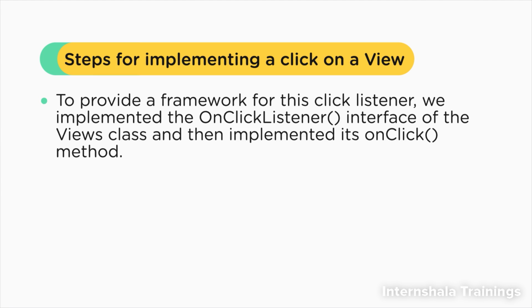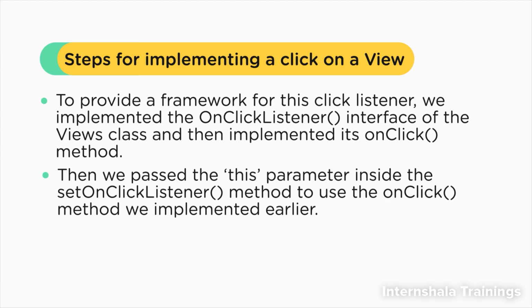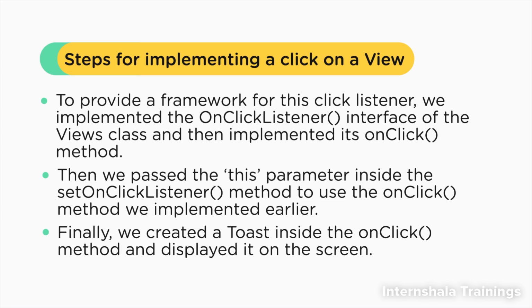To provide a framework for this click listener, we implemented the OnClickListener interface of the View class and then implemented its onClick method. Then we passed the this parameter inside the setOnClickListener method to use the onClick method we implemented earlier. Finally, we created a toast inside the onClick method and displayed it on the screen.